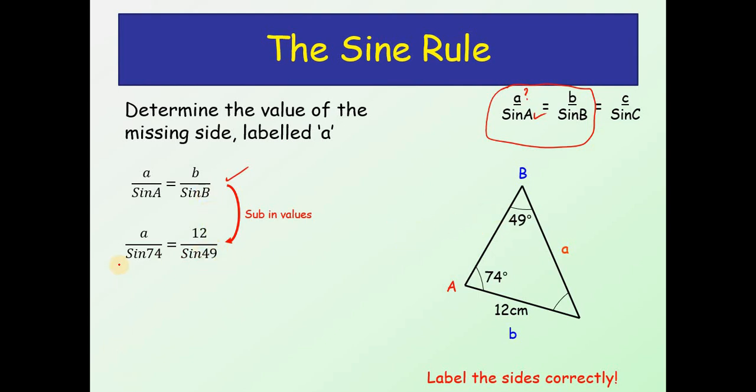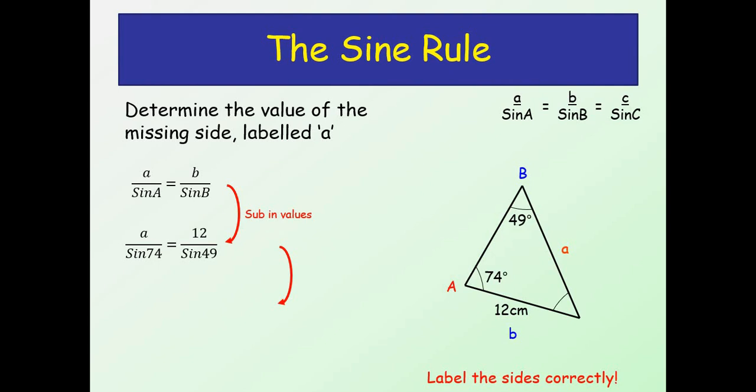And so now what we need to do is multiply both sides by sine 74. Why is that? Because if I multiply this side by sine of 74 and multiply this side as well by sine of 74, this allows me to cancel off the numerator of sine 74 with the denominator of sine 74, allowing me to isolate A. So now all I have to do is work out this side: 12 over sine 49 multiplied by sine 74.